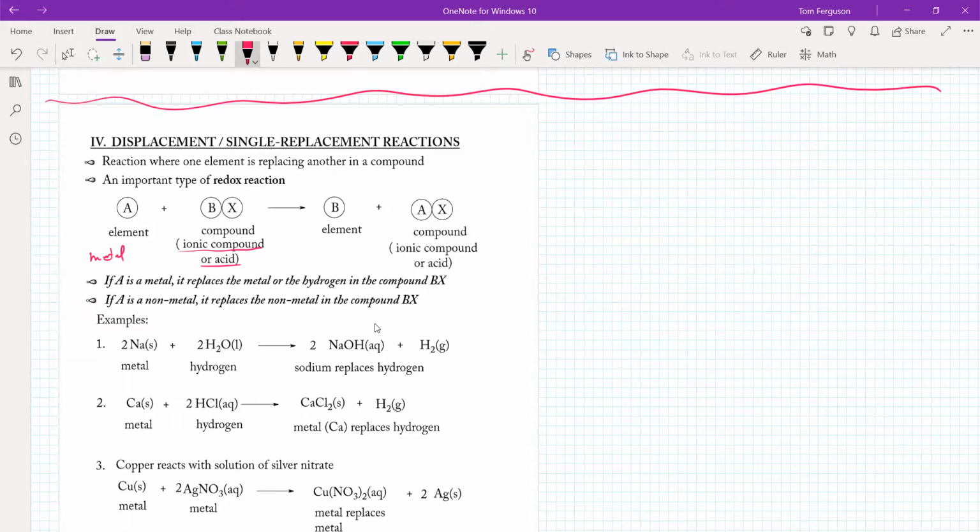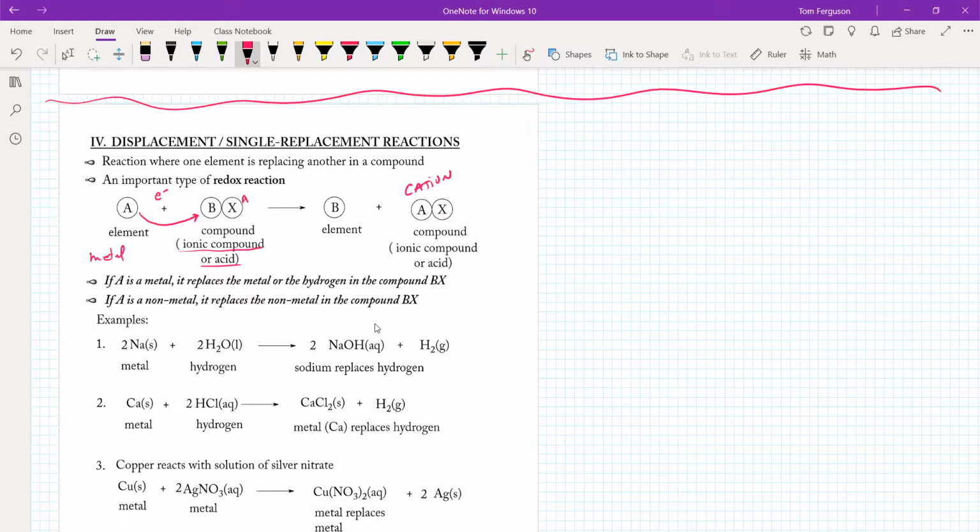Electrons will go over to element B, and electrons will leave element A. So element A becomes a cation.